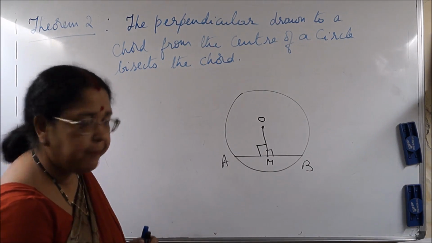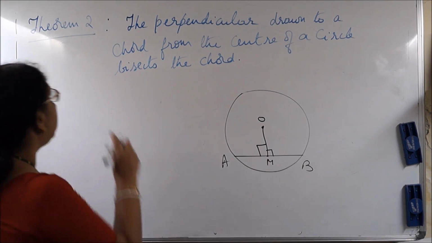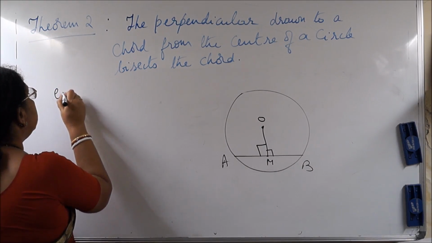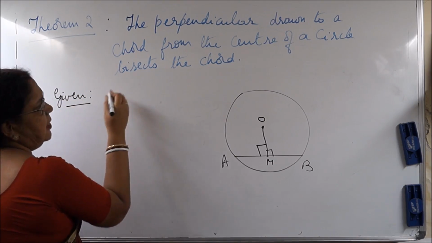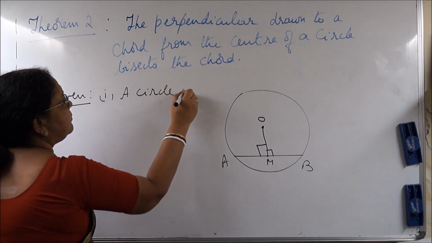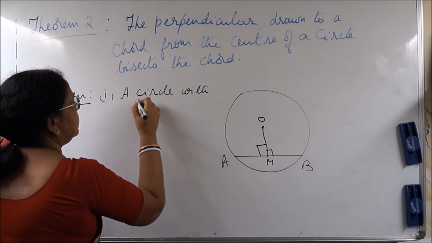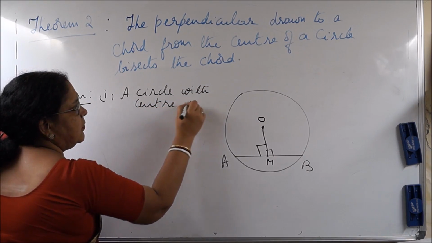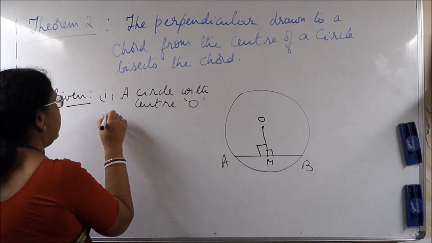That we will verify. So what is already given to us, or what we already know: first, a circle with center O. Second, AB, a chord.